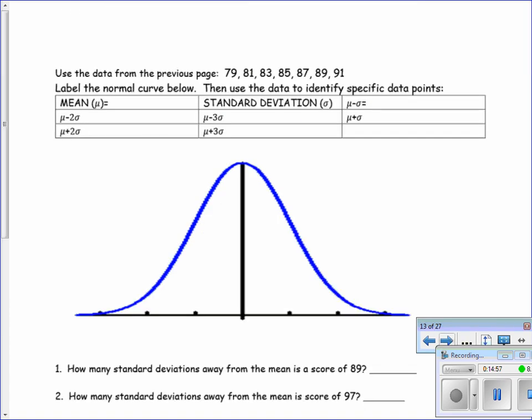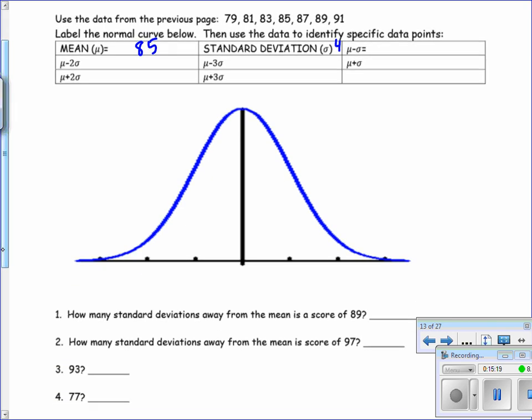So, first things first, my mean is 85 for this particular list of numbers. My standard deviation is 4. Okay? So the first formula is mu minus sigma. So what we're going to do is we're going to label. So here's my mean.